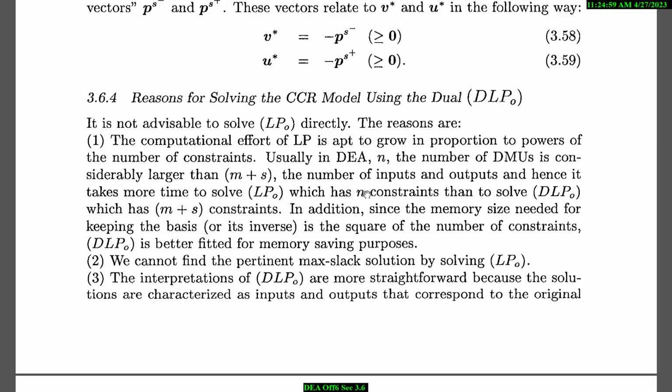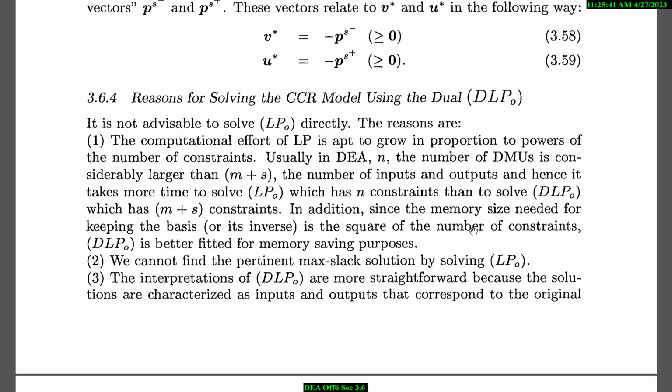So LPO has n plus 1 constraints, but DLPO has n plus s constraints. So we prefer fewer constraints. That means DLPO for solving the CCR model.